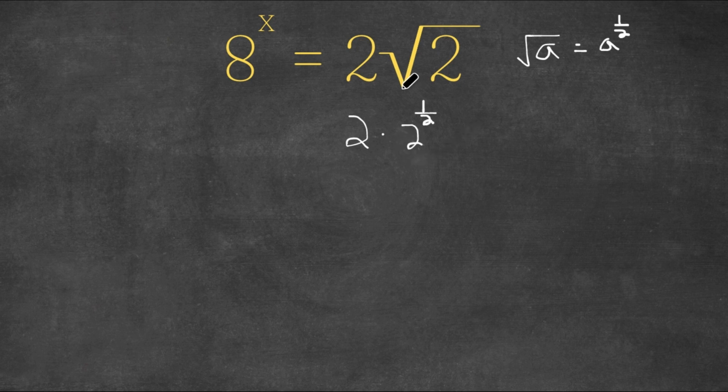So knowing this, now that side is 2 times 2 to the power of 1/2. This side is still 8 to the power of x. Now, 2 times 2 to the power of 1/2, how would we solve that?